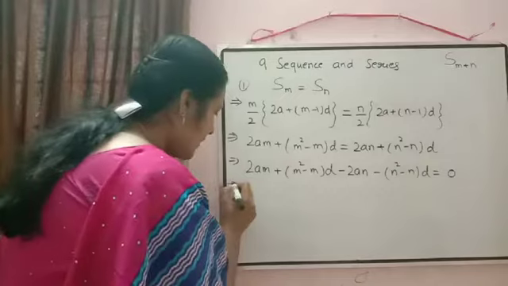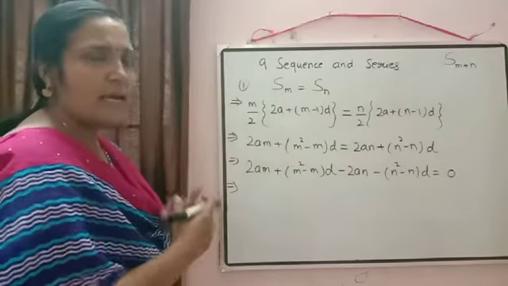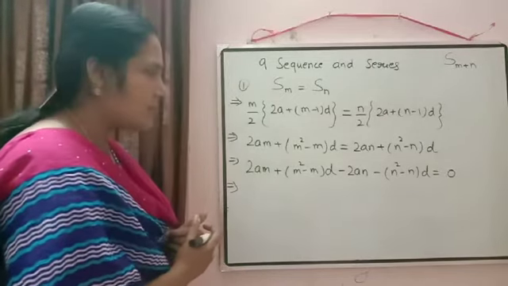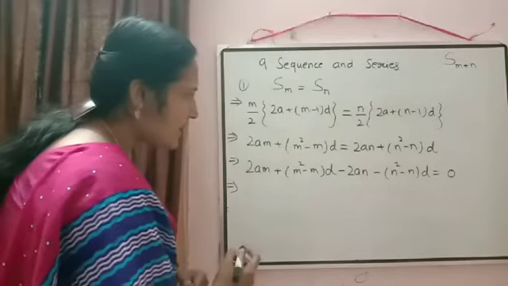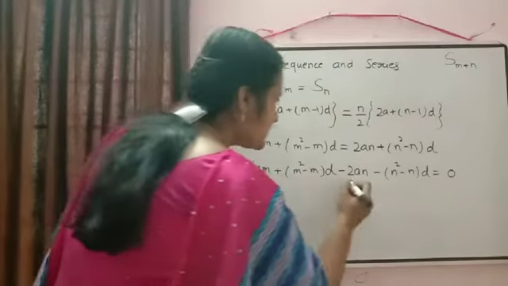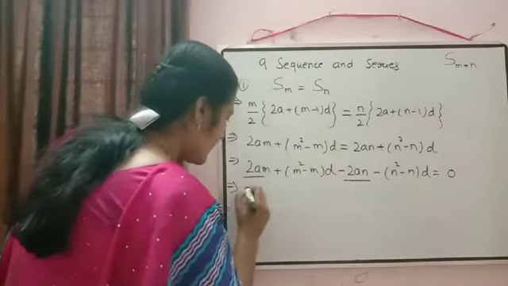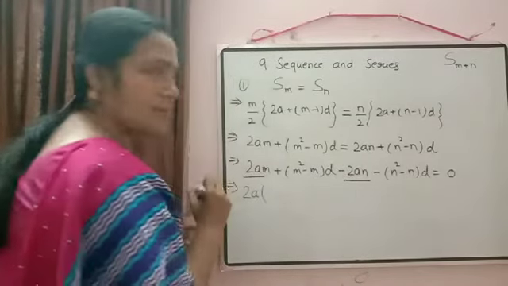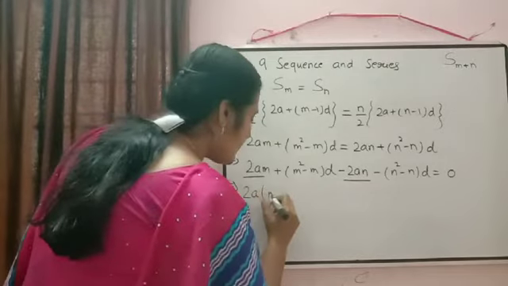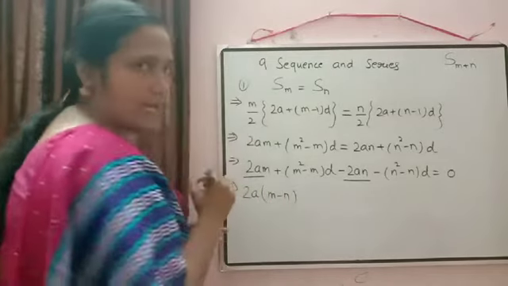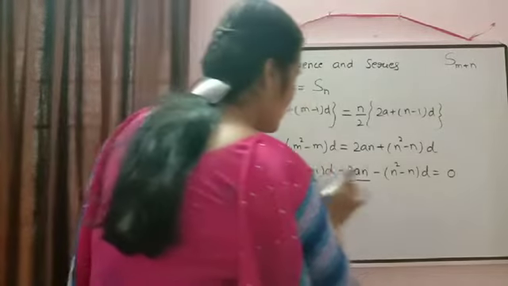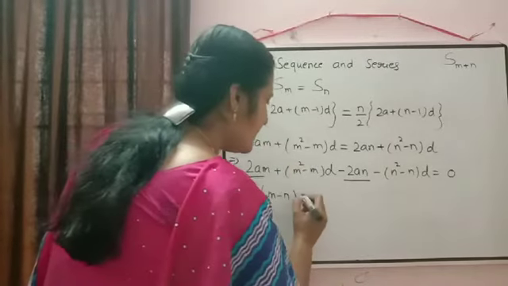Now we can check how we can arrange the terms so that a common factor comes outside. For that we can arrange it this way. In the first and third terms we have 2a as a common factor. So take it outside, 2a taken common. Inside the bracket what will remain? m minus n.